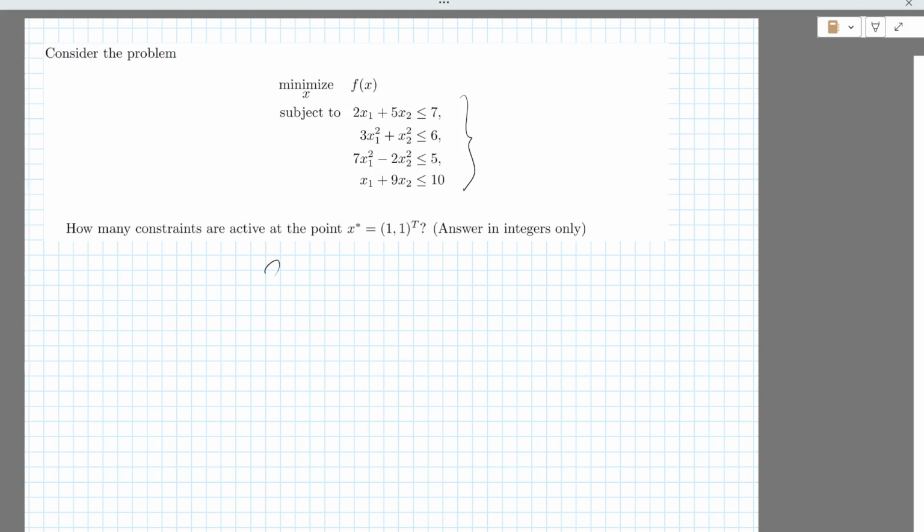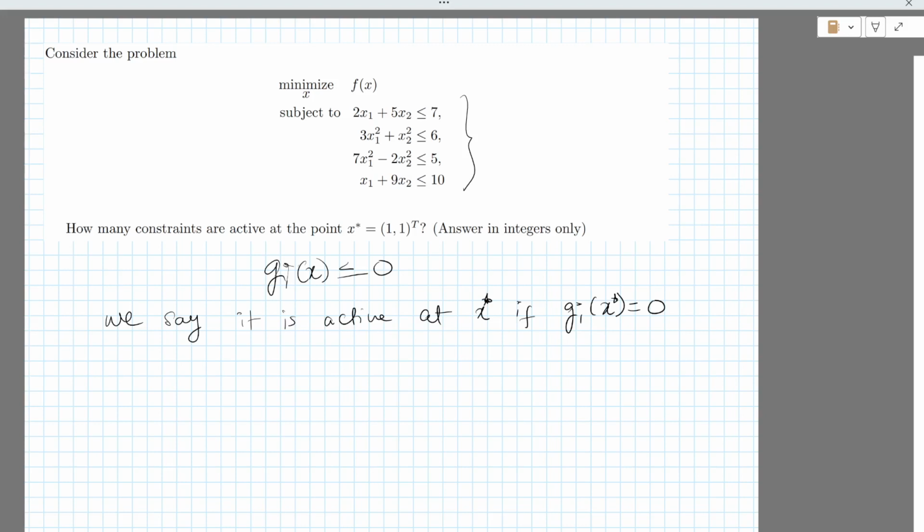If you have some constraint g_i(x) less than or equal to 0, then we say it is active at x star if g_i(x star) is equal to 0.